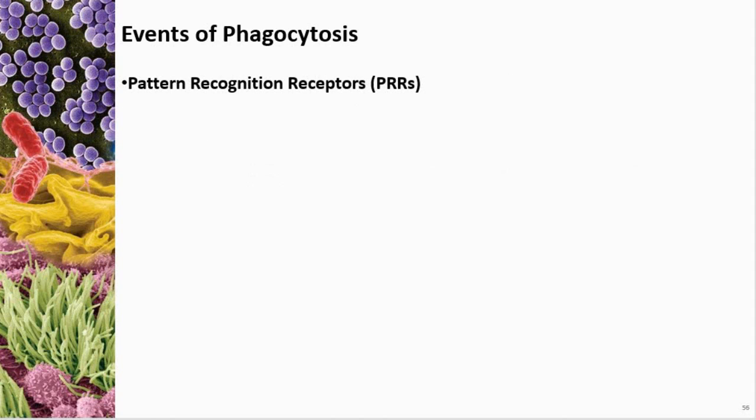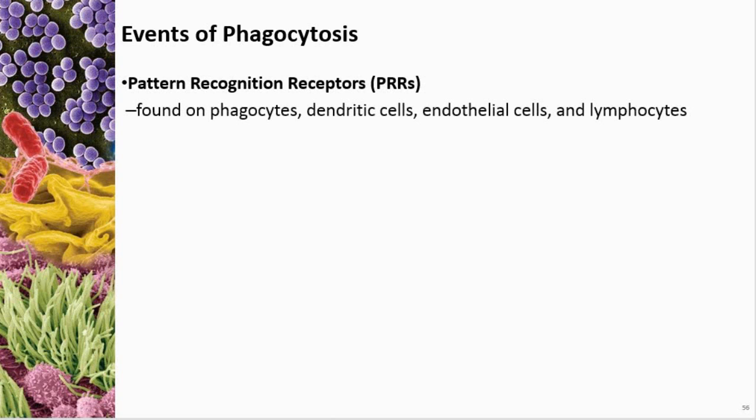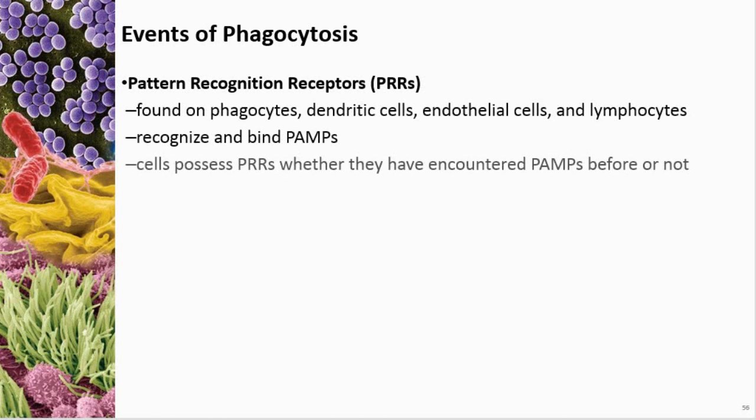The receptors that can recognize those PAMPs are called pattern recognition receptors, or PRRs. They're found on a variety of cells, and we're going to spend most of our time discussing the phagocytes. They bind and recognize, because a specific chemical reaction will occur once they come into contact, and that triggers the phagocytosis.